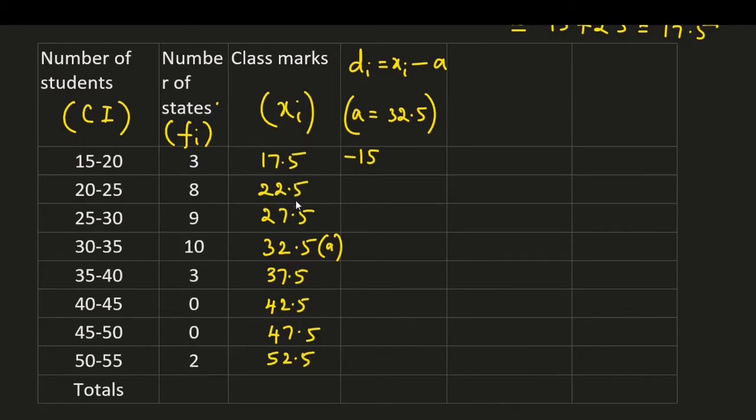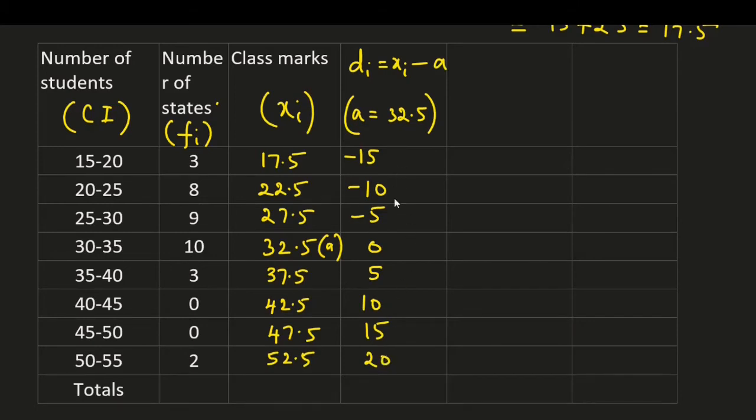Then 22.5 minus 32.5, it is minus 10. Then minus 5, it is 0 here. Here 5, 10, 15, 20.